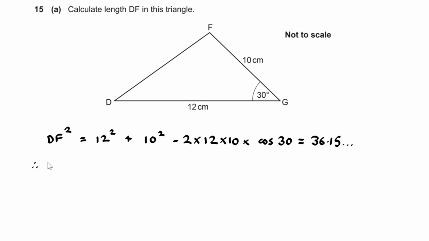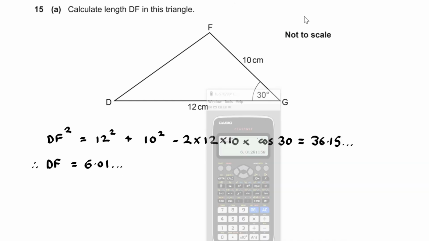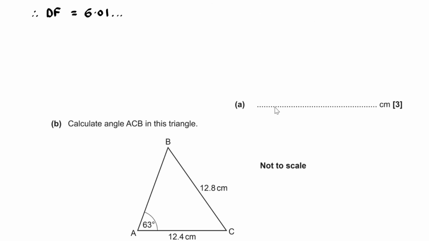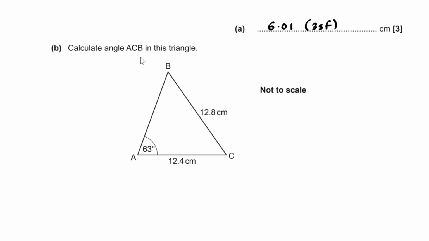And therefore for DF we'd have the square root of this, which is 6.01, etc. So therefore we've got 6.01 given to three significant figures. And now for part B, we have to calculate the angle ACB, which is this angle here in this triangle.